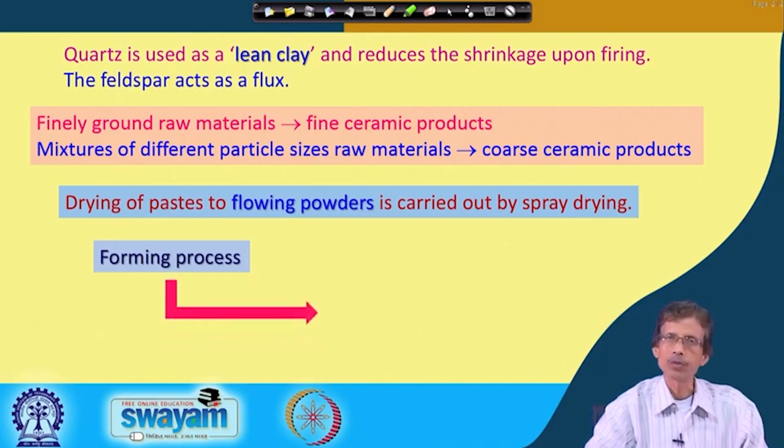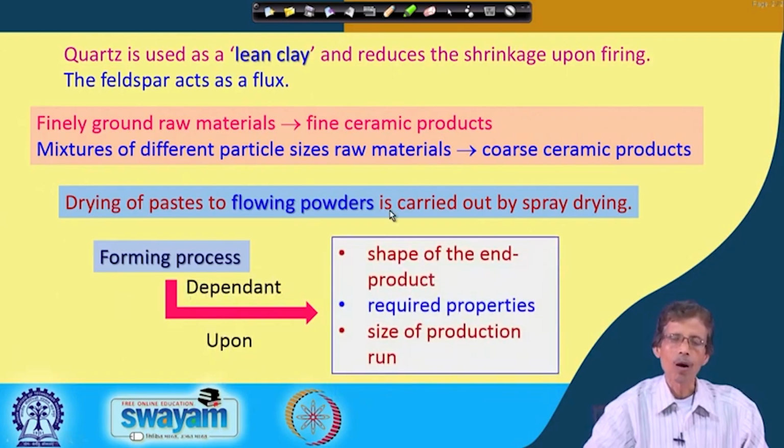So, what is that particular forming process? The forming process is basically dependent upon some special qualities. It is dependent on the shape of the end product, what sort of product we are expecting. So, the forming process can vary also.